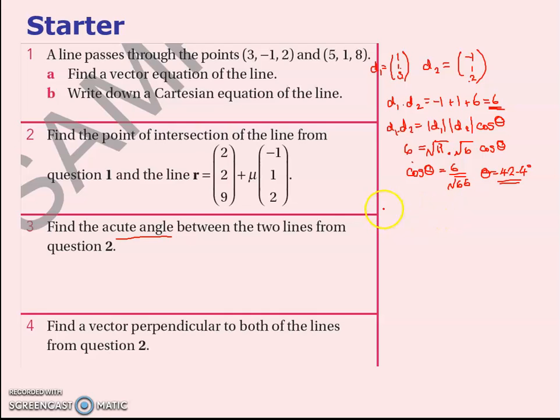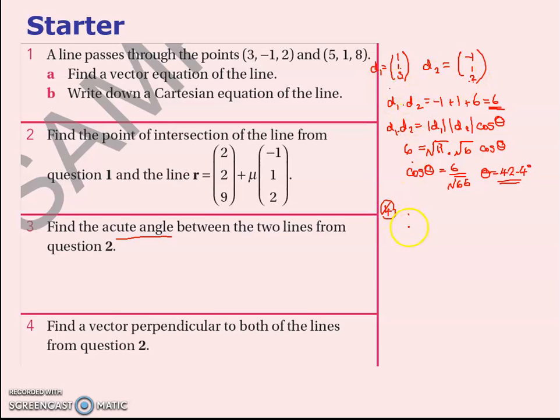And then question 4, what's it say? Find a vector which is perpendicular to both of those. Oh, right, perpendicular to both of those lines. Now, you might recall, if you want a vector perpendicular to two different vectors, in this case, well, it's these two up here, these two direction vectors here.